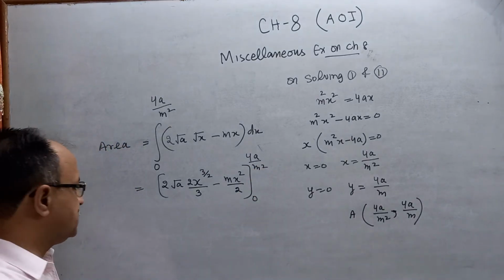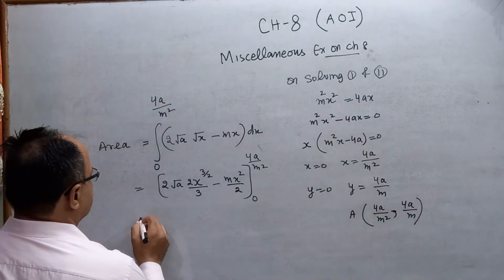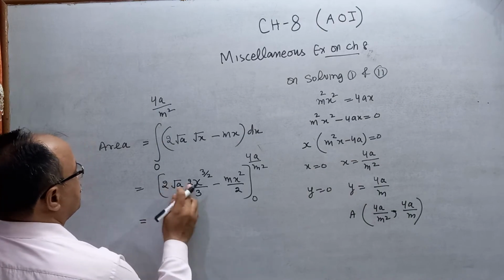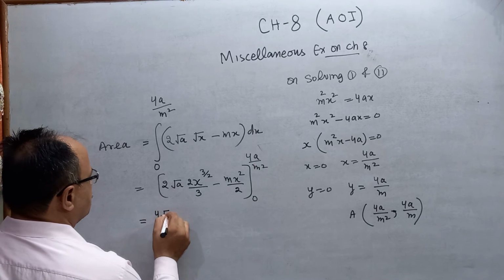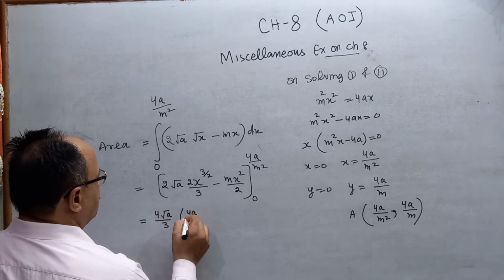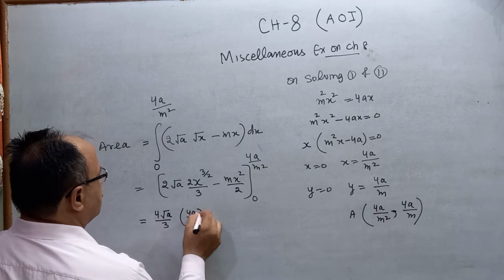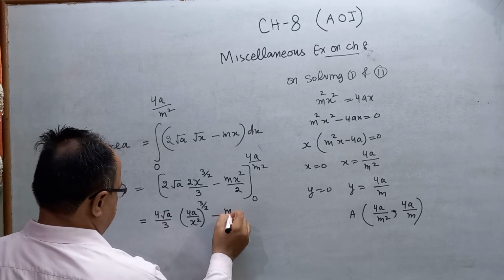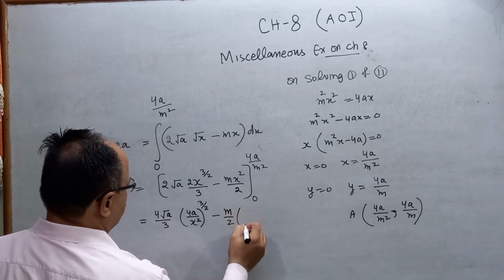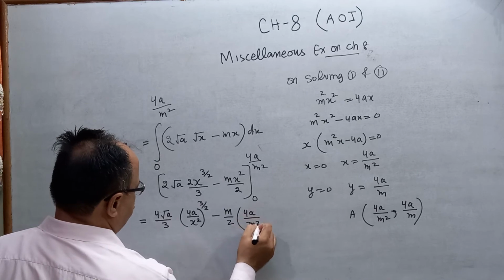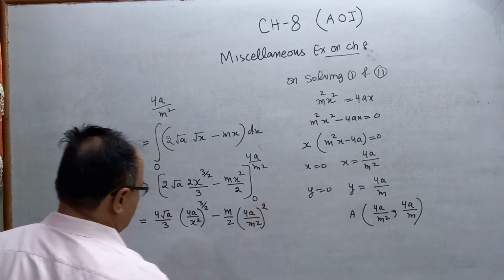Now upper limit minus lower limit. Further, can you solve? 2 root a upon 3 times 4a upon m square whole to the power 3 by 2, minus m by 2 times 4a upon m square whole to the power 2.